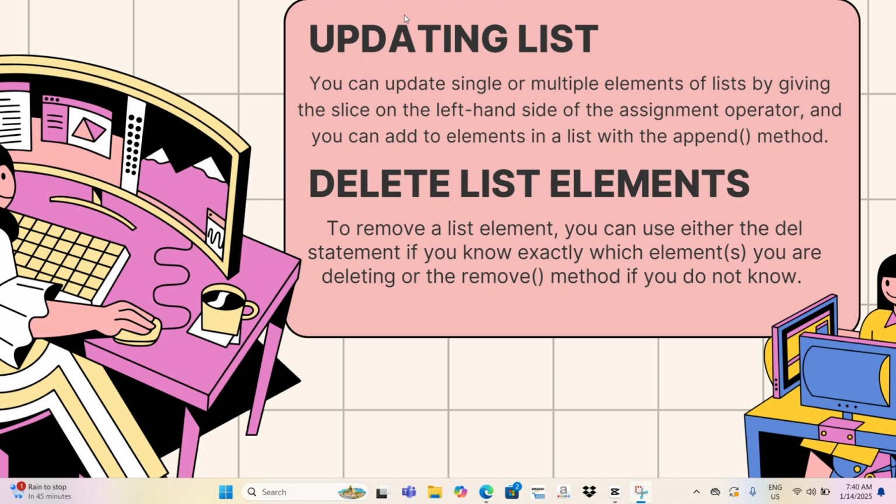Delete list elements. To remove a list element, you can use either the del statement if you know exactly which elements you are deleting, or the remove method if you do not know.